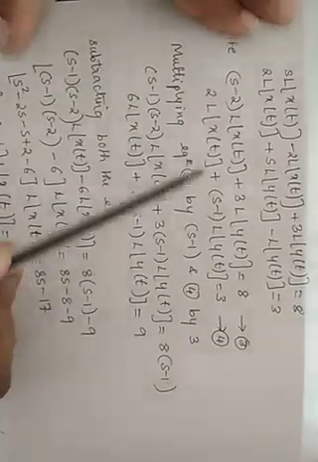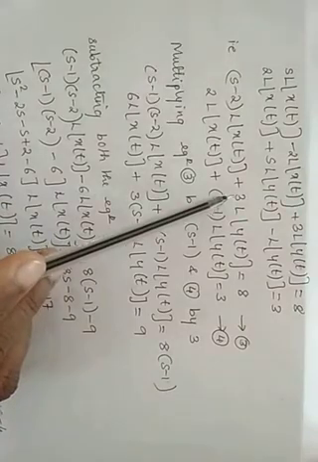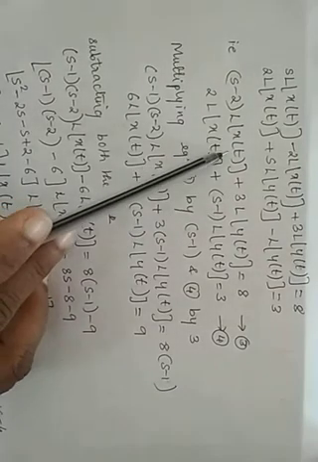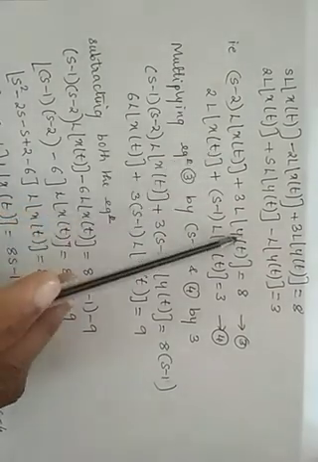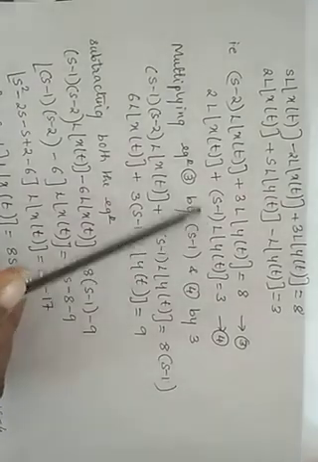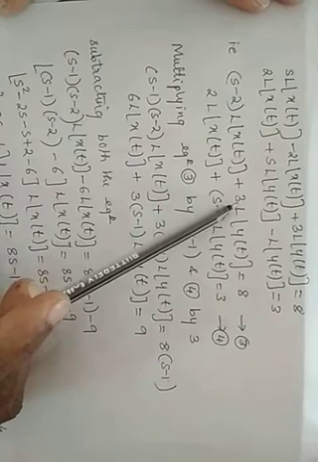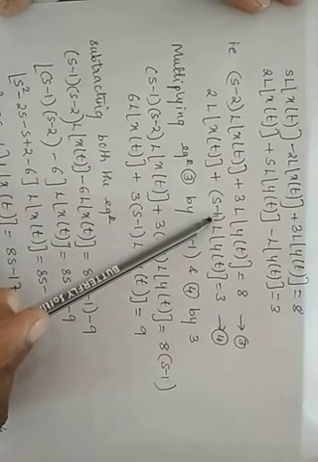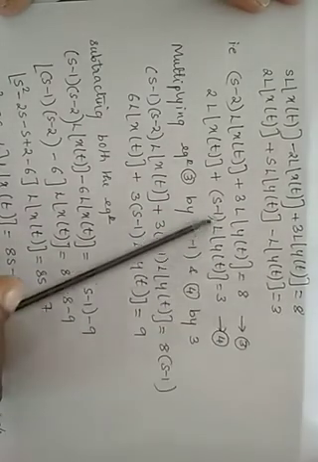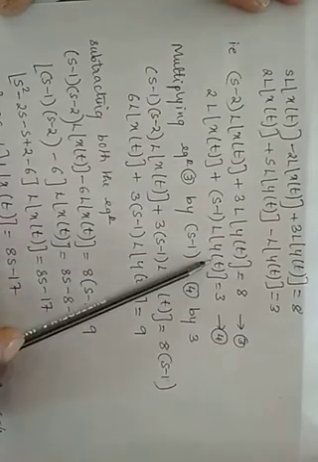I have to solve for any one of the terms to get eliminated, either Laplace transform of x(t) or Laplace transform of y(t). I'll try to eliminate Laplace transform of y(t). Here it is 3, here it is s minus 1. So for the third equation you multiply by s minus 1, for the fourth equation you multiply by 3.